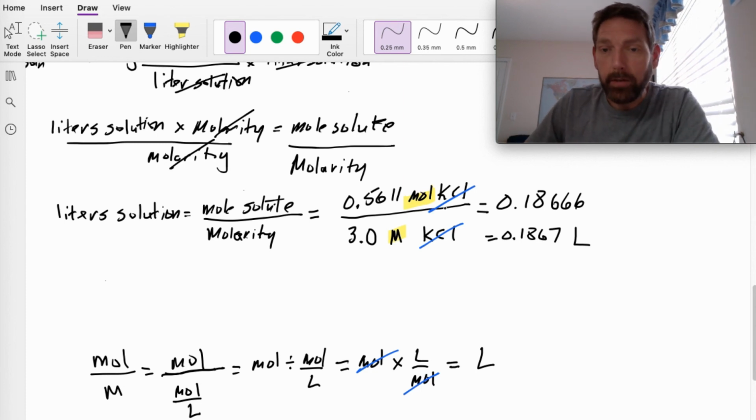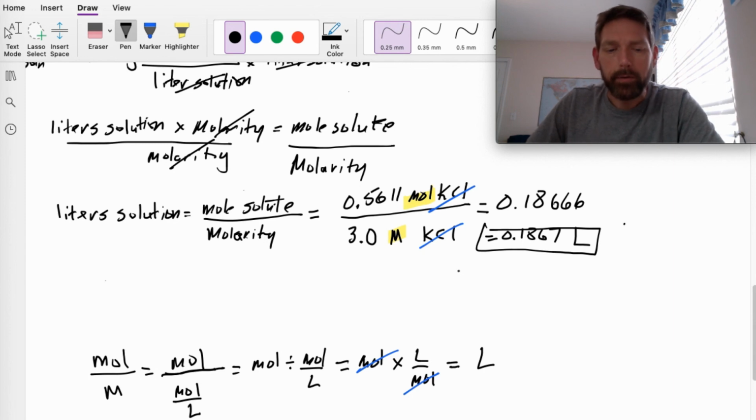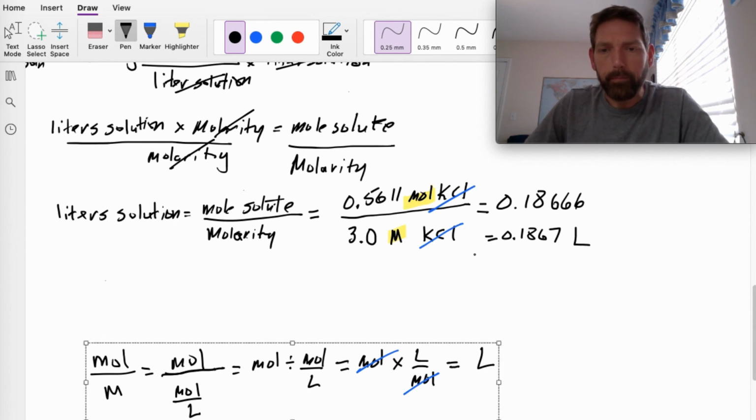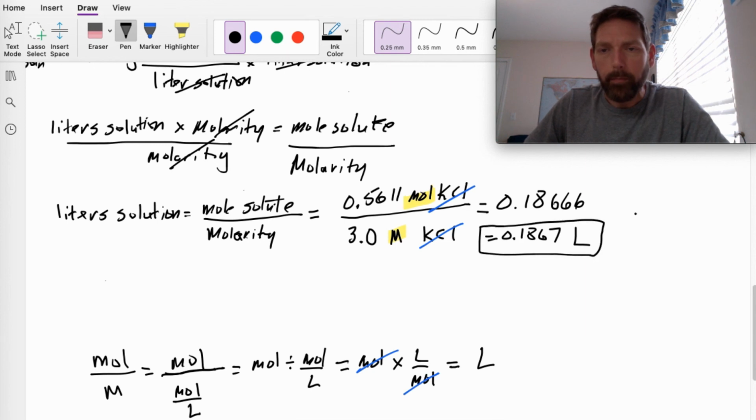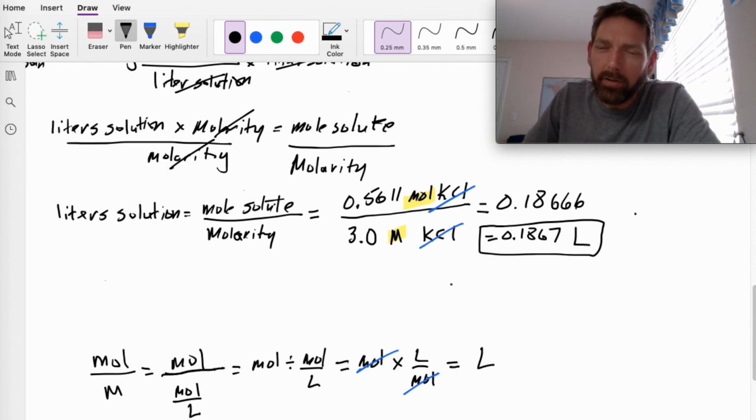So this is the correct answer. This is the correct answer. Okay? This is the correct answer. There we go. But in lab, to get 0.1867 liters, you probably measure out a certain number of milliliters. So this right here is the final answer.